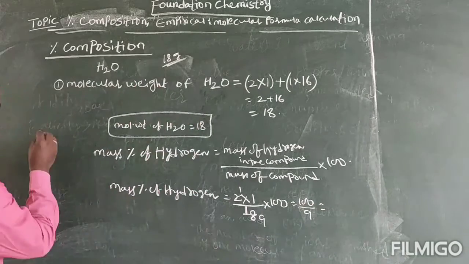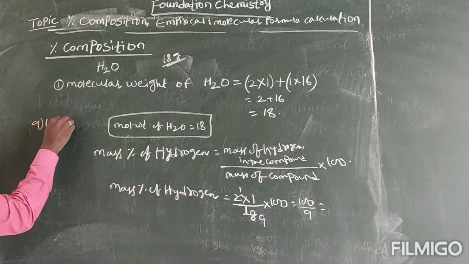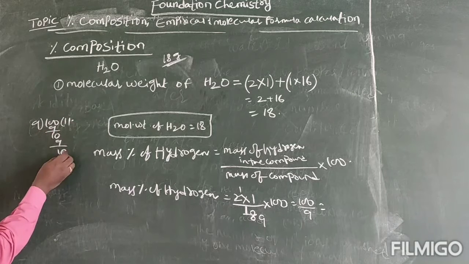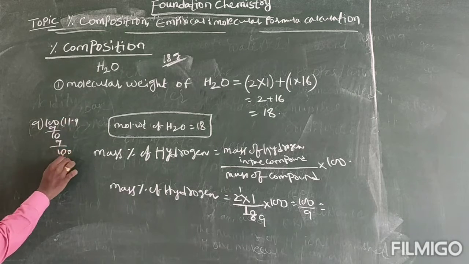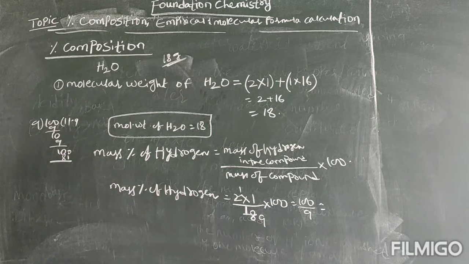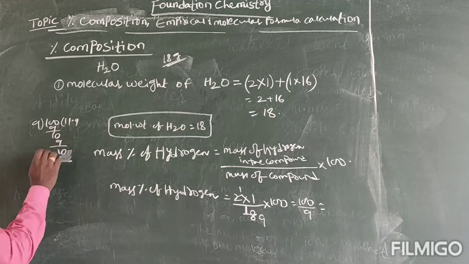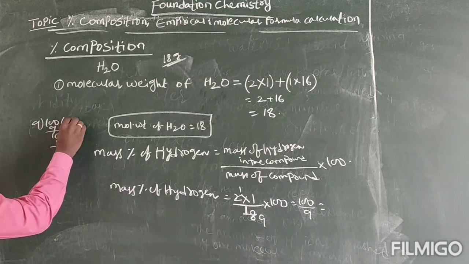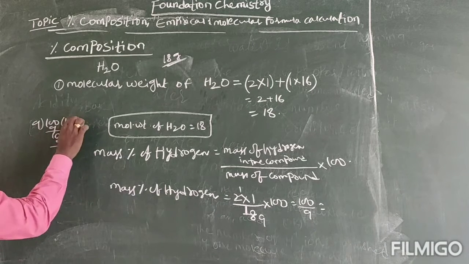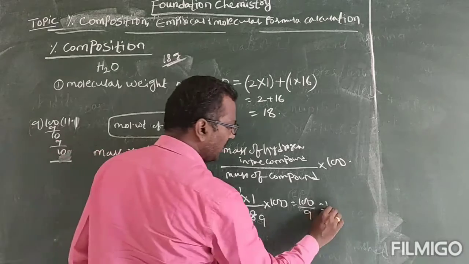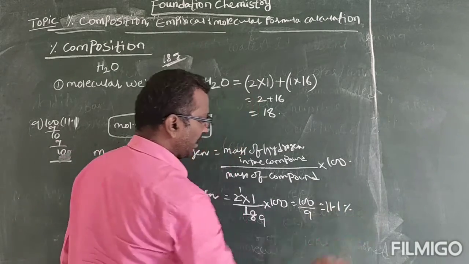How much is it coming? 100 divided by 9 is around 11.1 percent.